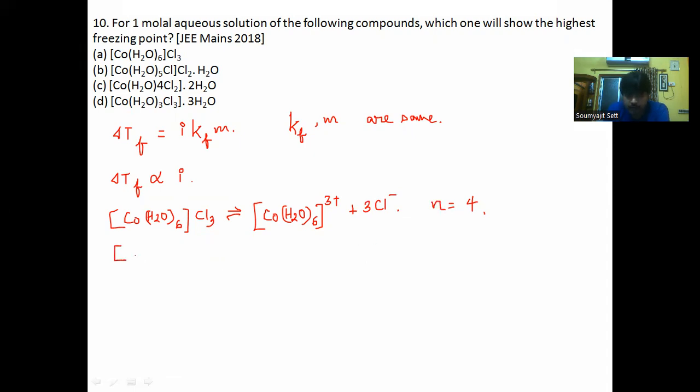Now come to the next one. Co(H2O)5Cl Cl2 dot H2O. By its dissociation, what we will get? Co(H2O)5Cl 2+ and 2Cl−. Here n is equal to 3.